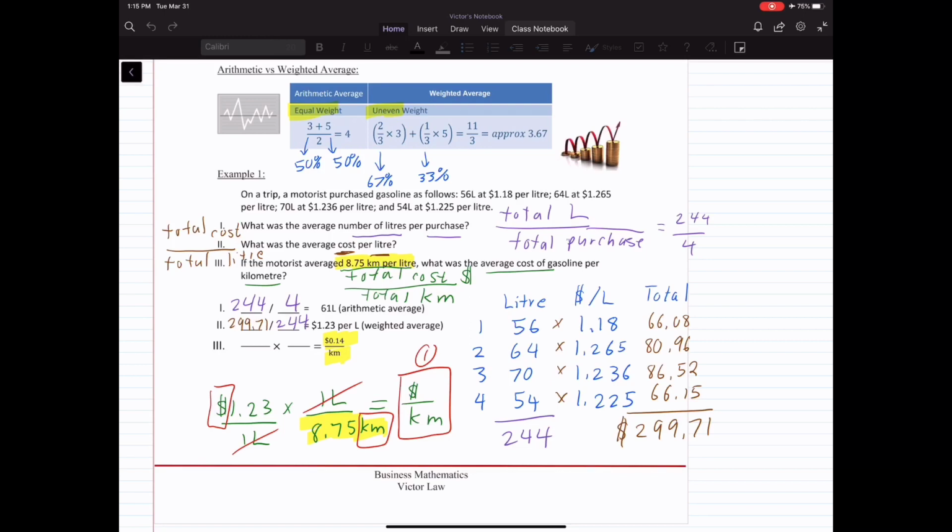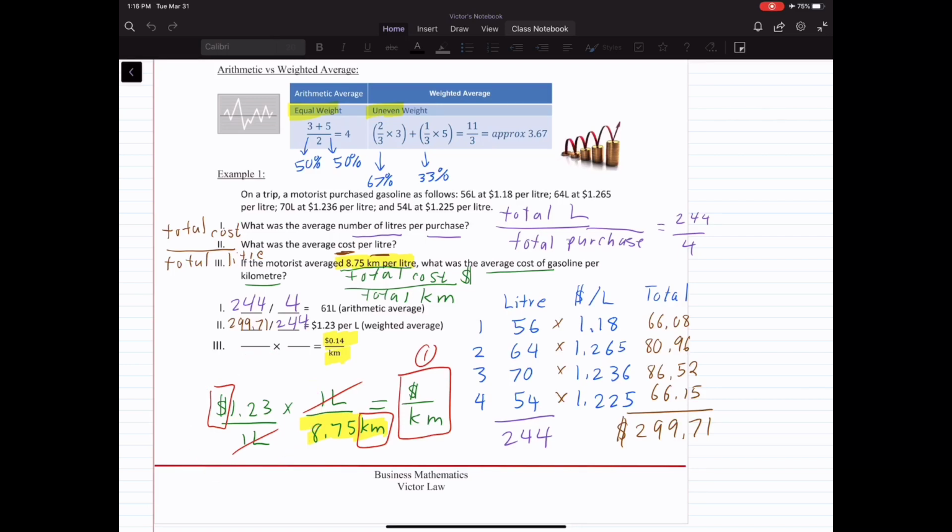And when we set up the equation, we know that we're looking for dollar over kilometer. So therefore, we want the kilometer in the denominator. Okay, so we have 8.75 kilometer per liter. And because we want the kilometer in the denominator, that means we have the liter on top. So we have 1 liter over 8.75 kilometer. And then same for the $1.23 per liter. We want the dollar on top because we want dollar over kilometer.